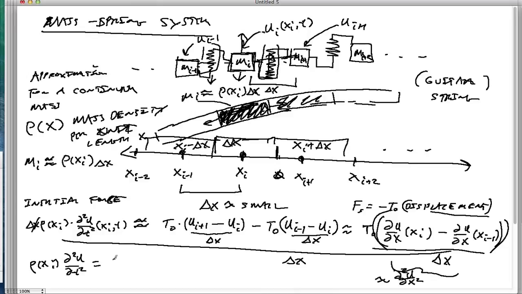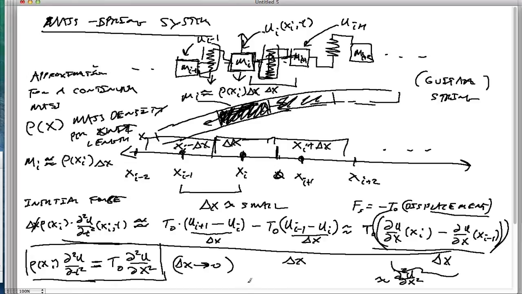So we can write that as T0 times the second partial with respect to x of u. And this becomes an equality as delta x goes to 0. That is what we call a model for the wave equation, or a model for a vibrating string.